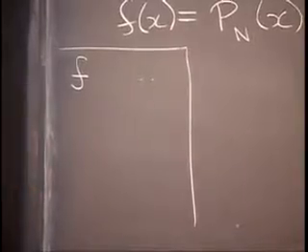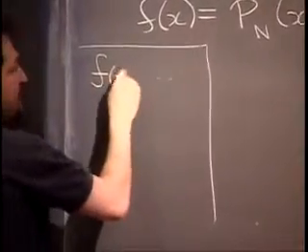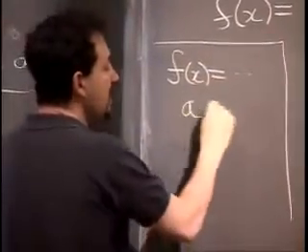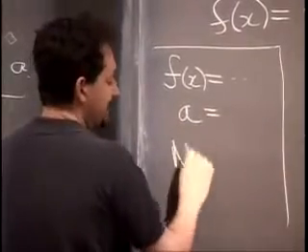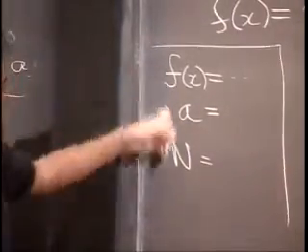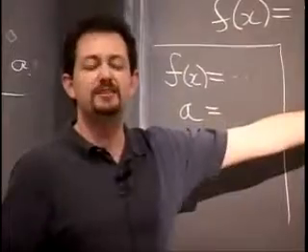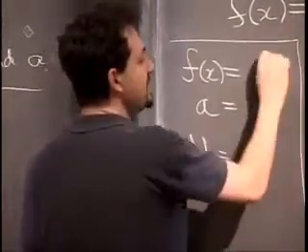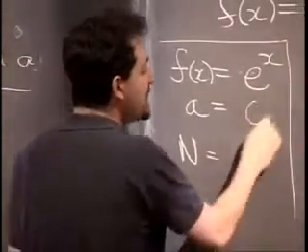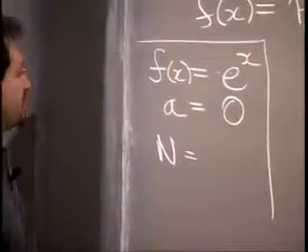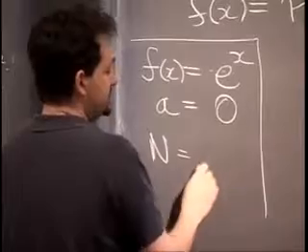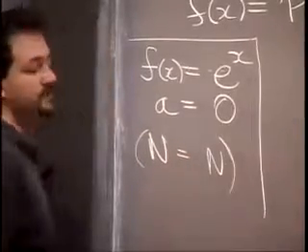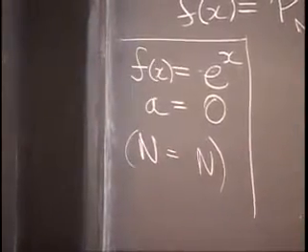So you always have a choice of f of x, you have a choice of a, and you have a choice of n. Once you've picked those three things, the formulas tell you how to proceed. So in our case, we'll pick f of x being e to the x, and we're going to pick a to be 0. And n, I'm not going to say yet. I'm not going to pick a specific value of n. I'm going to leave it open.